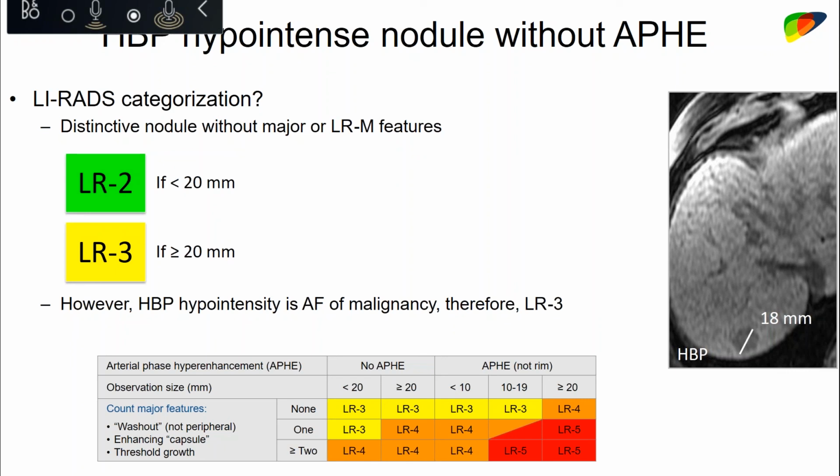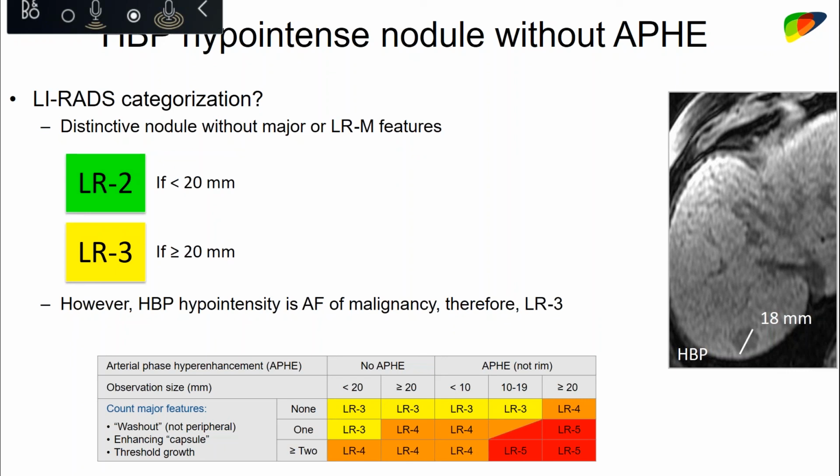That is certainly a perceived advantage and a reason to use Eovist or Primovist, depending on where you're from. But I do also believe it's a personal choice what you image with, because there are perceived advantages and disadvantages of both extracellular and hepatobiliary agents.